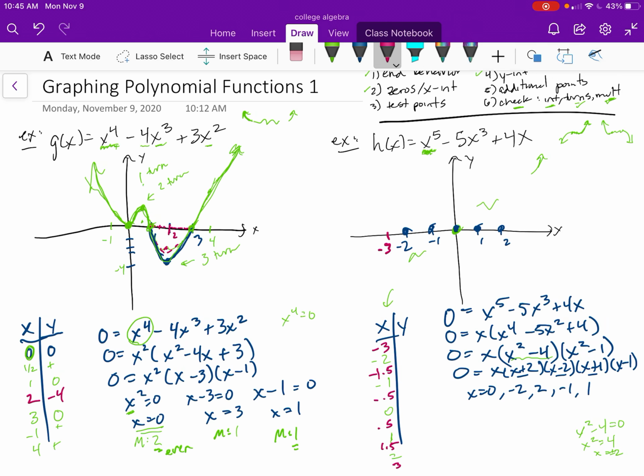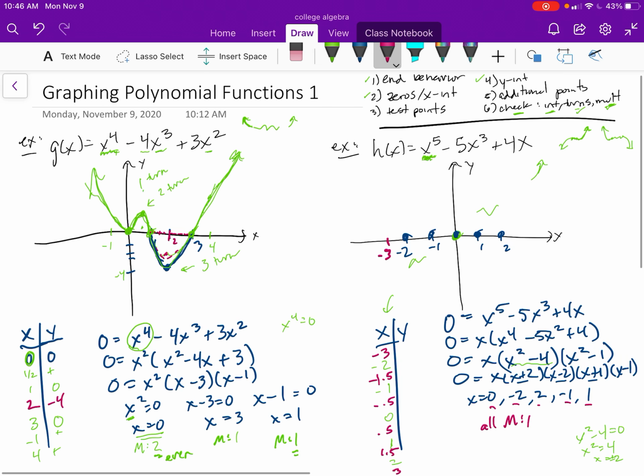I can also see, though, each of these has a multiplicity of 1, right? All multiplicity of 1, which means every time this graph will cross the x-axis. It will never be tangent. It will never touch like the first one. Now, I don't really want to plug all these in by hand, right? Especially these decimals, even if I wrote them as a fraction. I'd rather use a calculator.